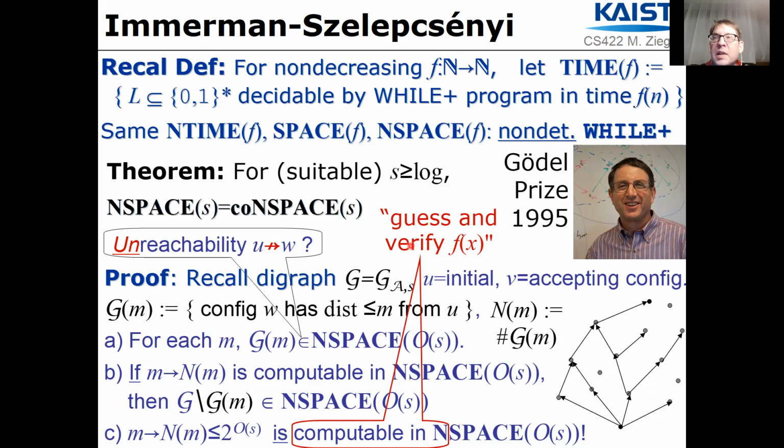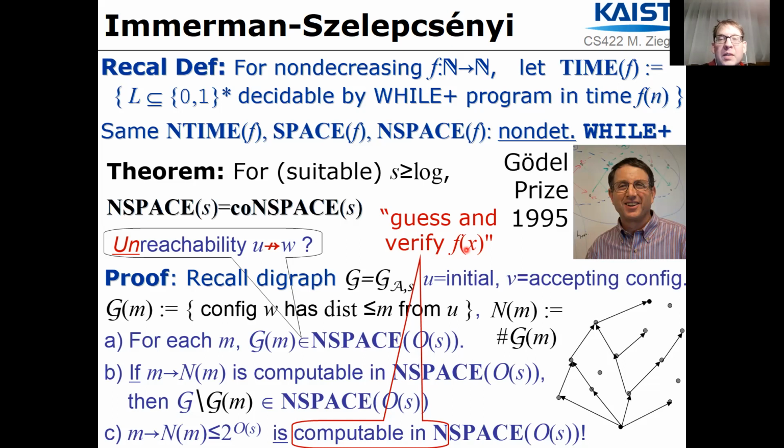But there must exist a sequence of guesses that leads the algorithm to output that function value. That's the same as we had for the decision problem. There must exist a sequence of guesses that lead to an accepting computation. But we have a third condition, namely that any possible sequence of guesses that leads to the output of a value must output the same value, f of x. Okay, that's a subtlety.